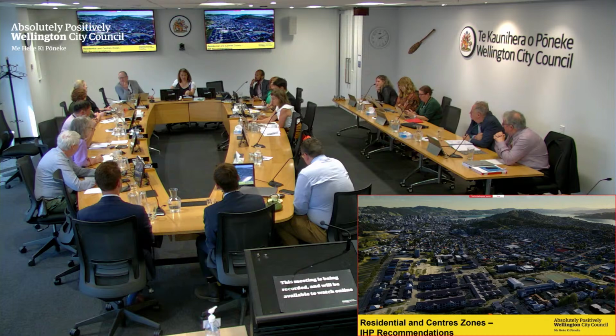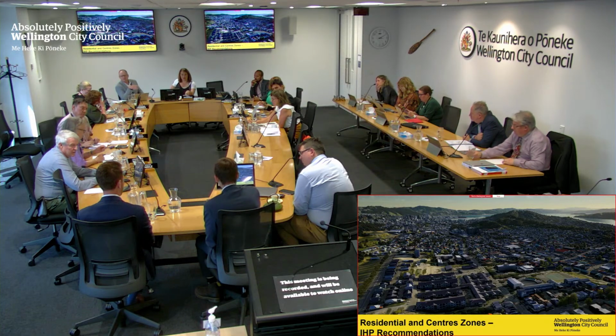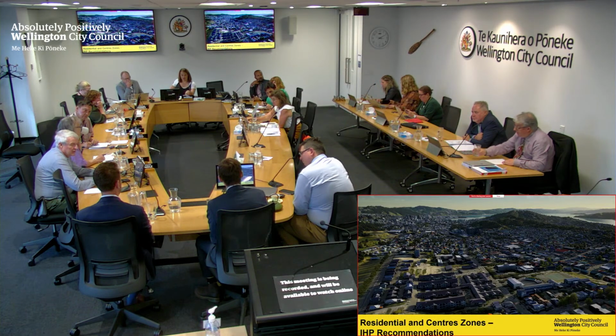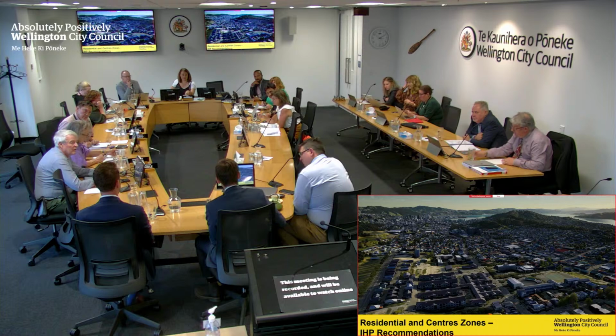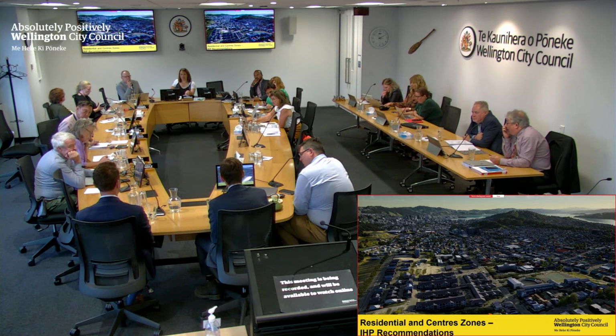Can I just get a better understanding of what purpose a height limit serves in an industrial area? What considerations go into that? As with height limits in other zones, the height limits prescribe a maximum threshold in which a building can be developed, in this case as a restricted discretionary consent.